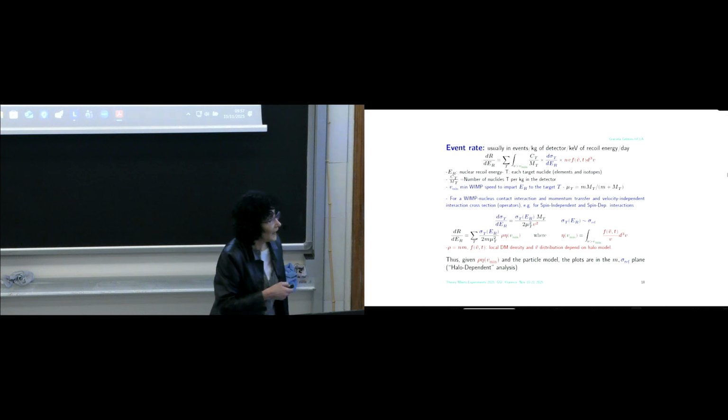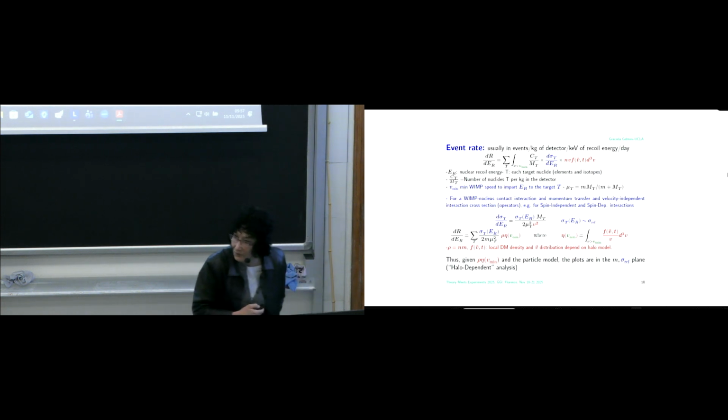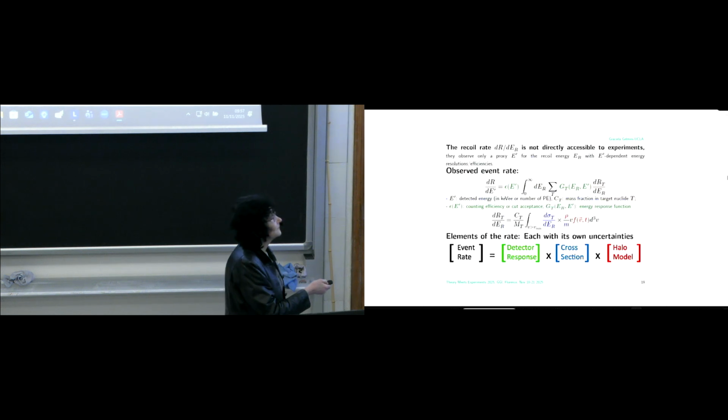And this is what I call halo-dependent analysis, because you have to provide a model for the dark halo. Okay, and so tomorrow, I hope I will introduce you to halo-independent analysis, in which you actually derive eta starting from scattering. Instead of providing eta, you extract this function eta, okay?